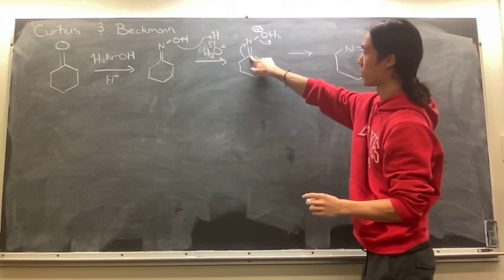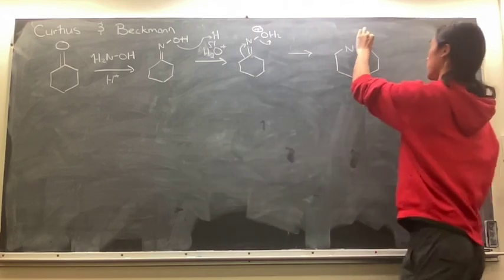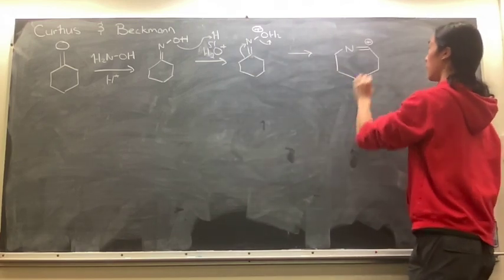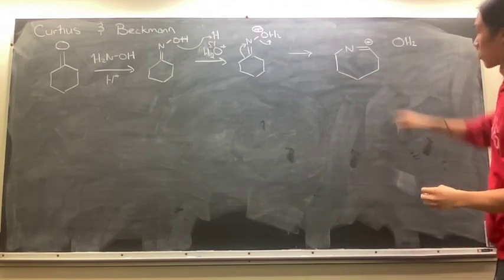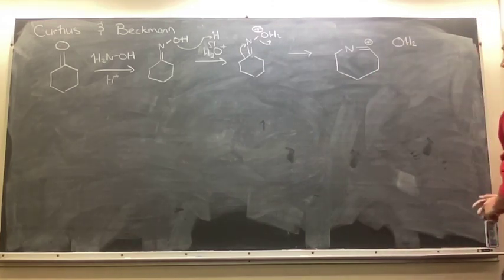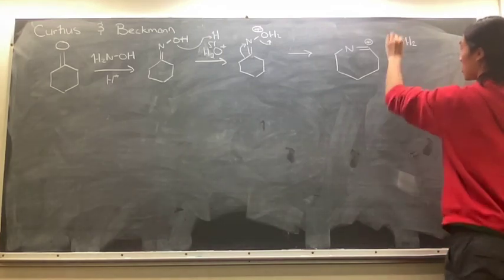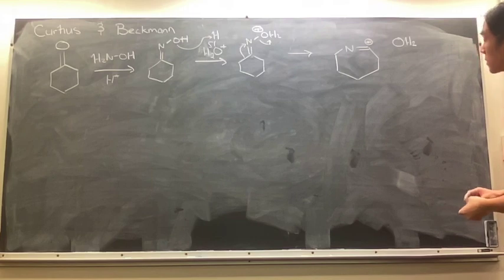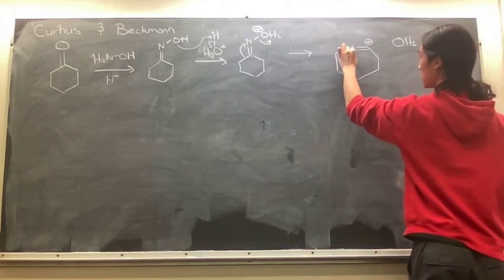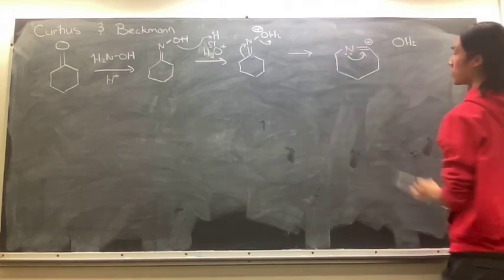This carbon had 4 bonds on it, now it has 3, so it's got a positive charge, and we have a random water molecule sitting around. Water attacks that positively charged carbon.